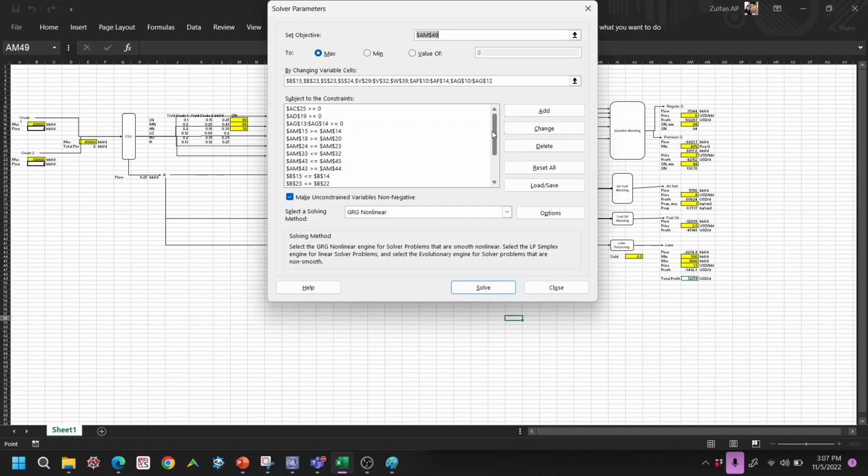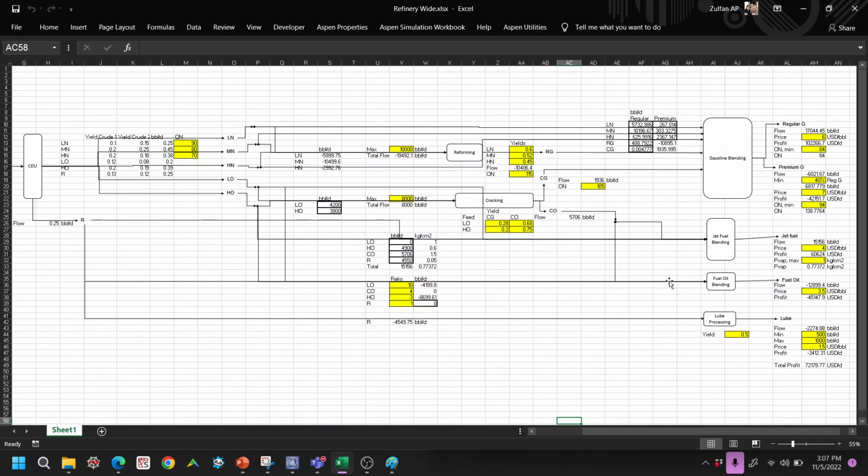So all the constraints are here, and we want to maximize AM49, which is this. So total profit.